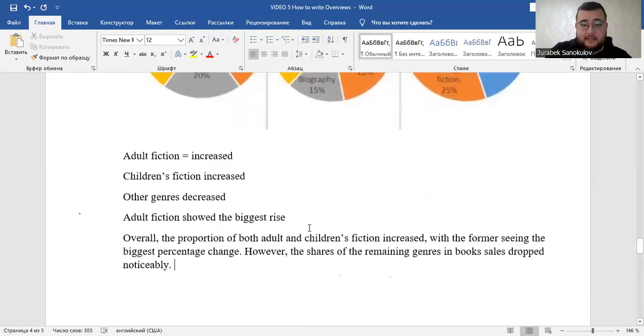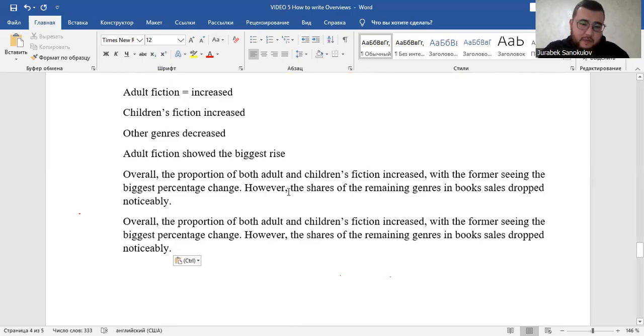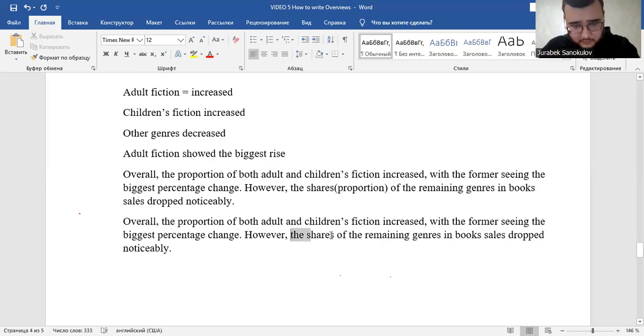So you can say this, but instead I can change the second part of the overview. If you remember, we talked about giving context in charts and in task one in general, and share basically means proportion. We had universal ways of giving context and context-based ways of giving context. So here I can do the same thing.